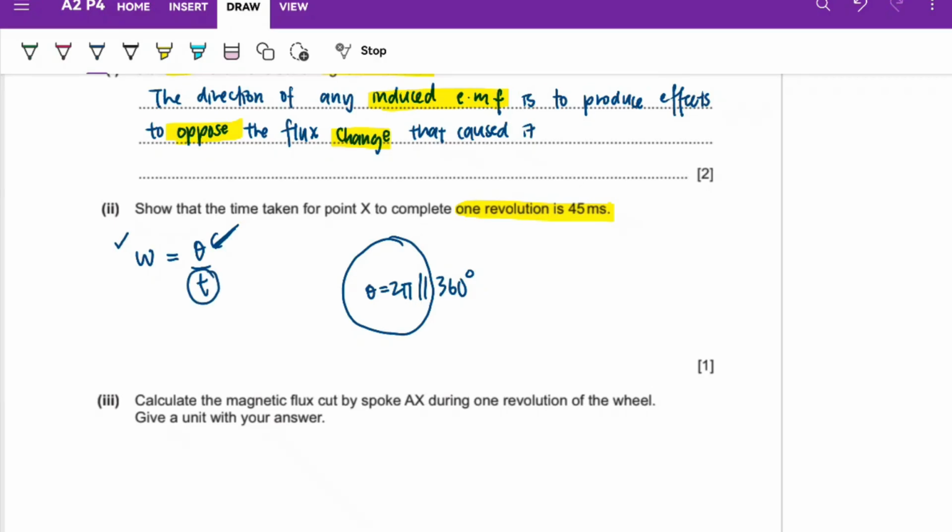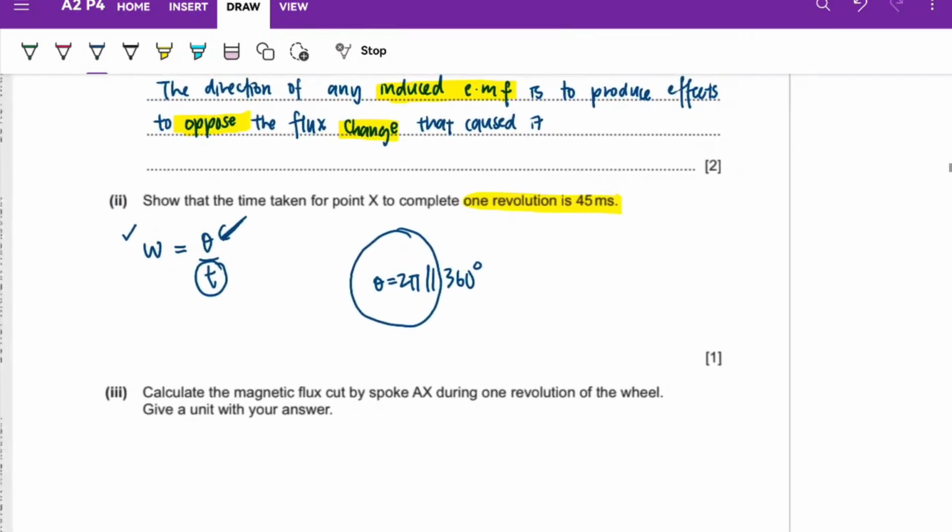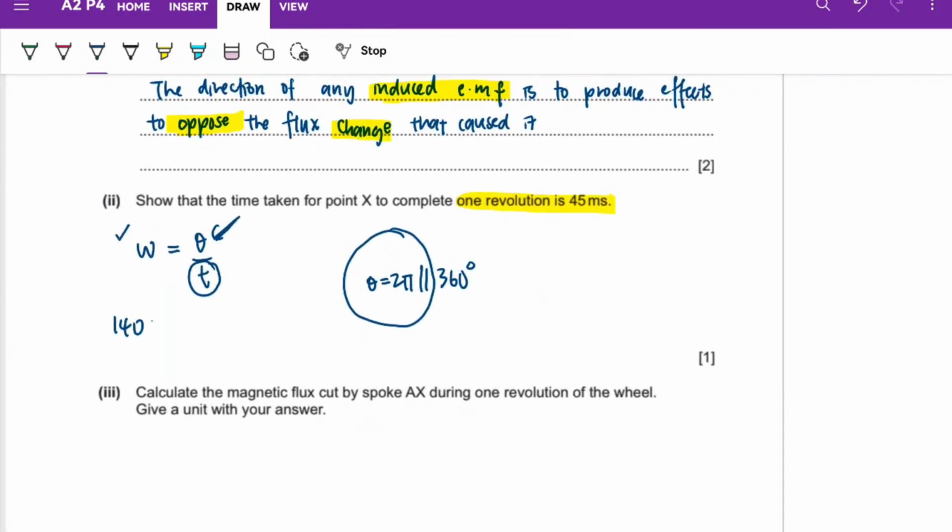So, okay, omega is 140, our angle is 2 pi, and our time taken will be equivalent to 0.045 seconds, but they want it in milliseconds.